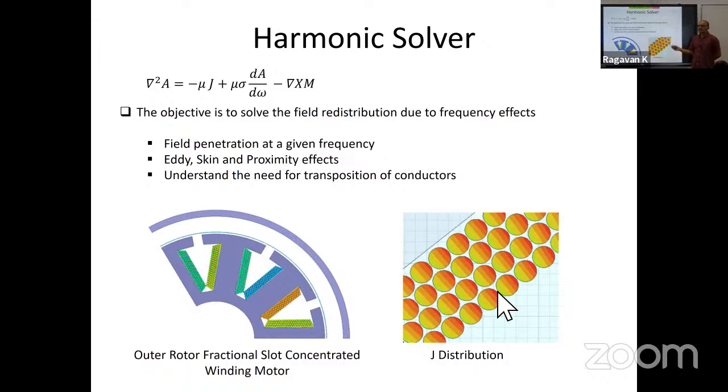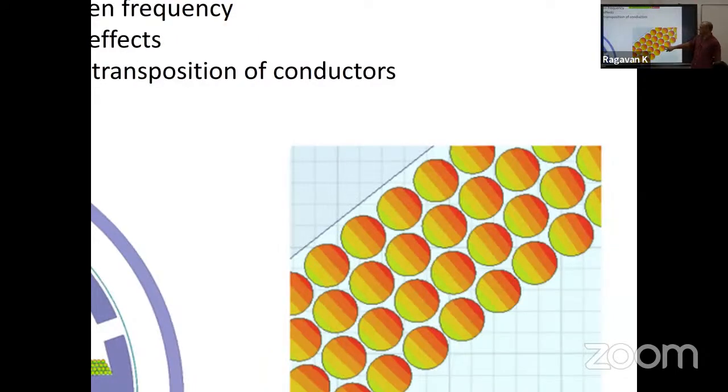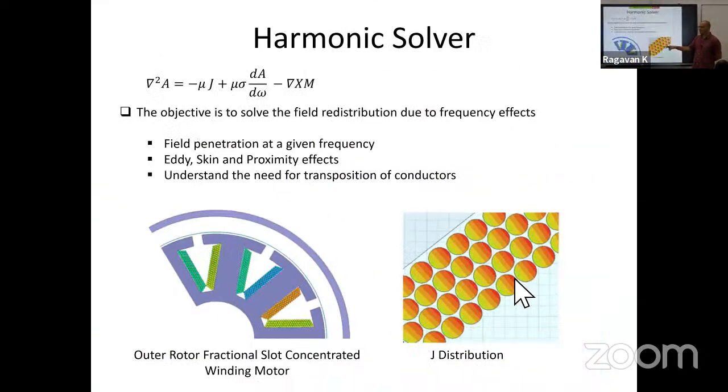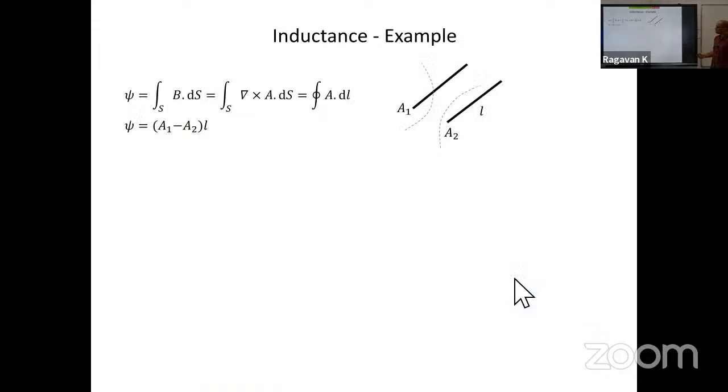But what actually the solver gives is this is at J cos 0, this is at J cos 30. But we understand it as there are eddy effects, and because of that there is a current distribution that is solved in terms of the phase of the current density. In fact, the phase of the magnetic vector potential.